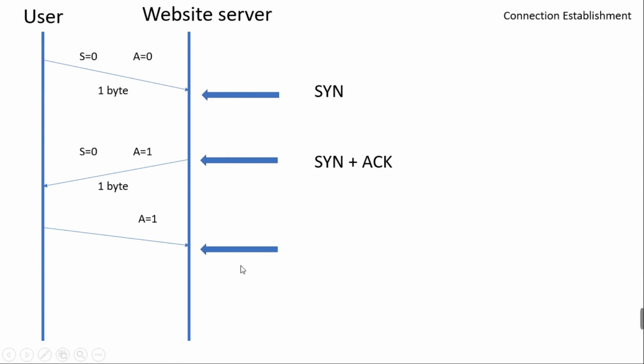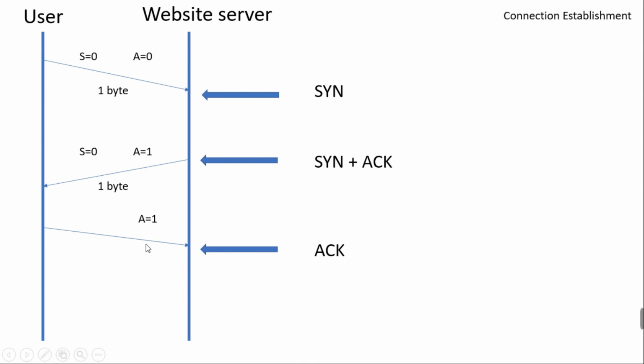So let's move on to the last step here, the last step of this connection establishment phase. You can see right here that at this step only the acknowledgement flag is working. This is a step from user to server, but it is definitely not the first step from user to server.